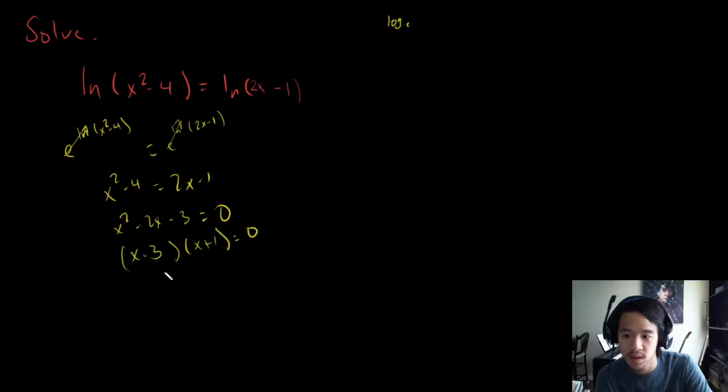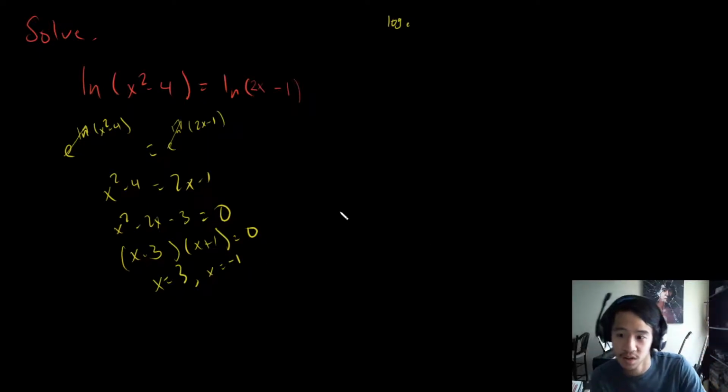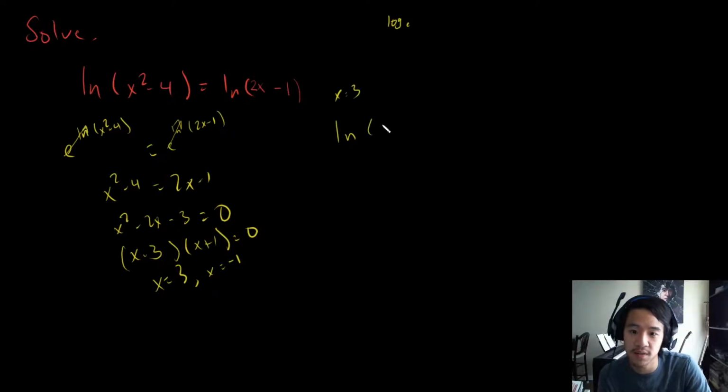So we have x is equal to 3 and x is equal to negative 1. There's a reason why I chose this question, because let's go ahead and plug these back into our original equation. We have, for x equals 3, ln of 9 minus 4 is equal to ln of 2 times 3 minus 1.